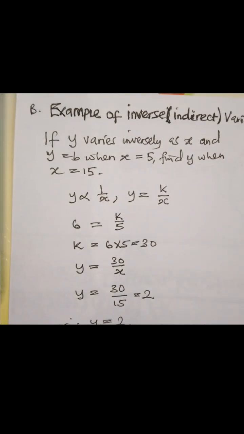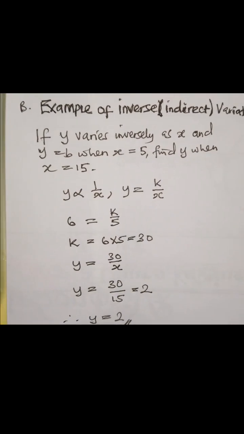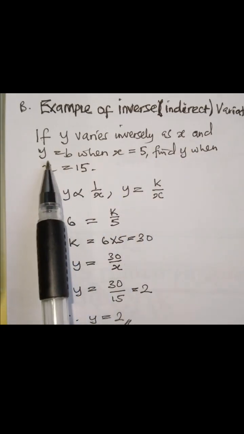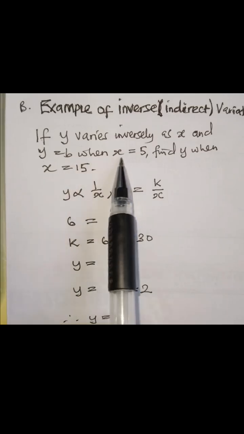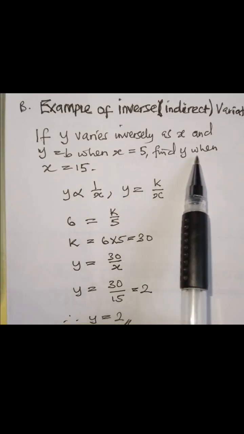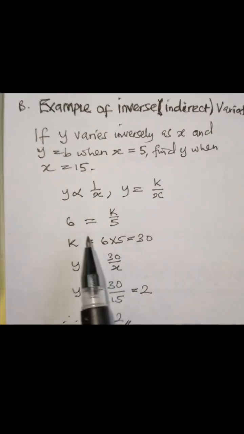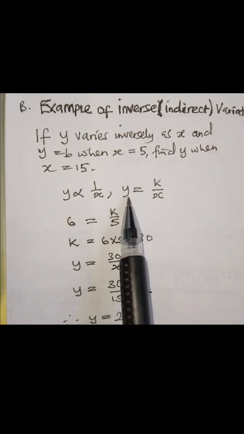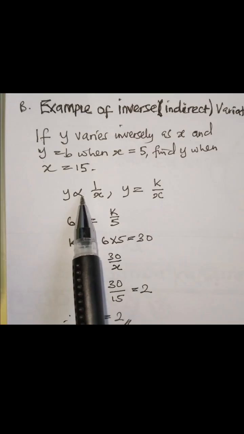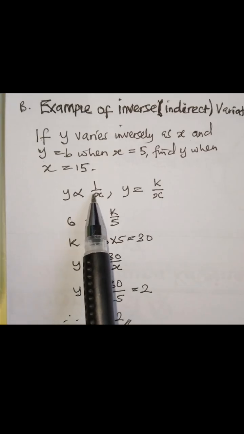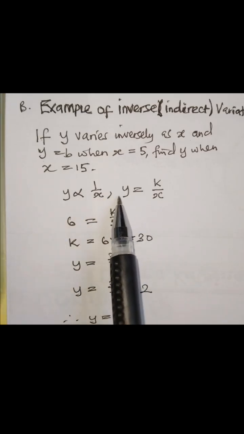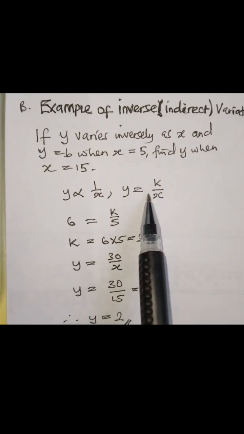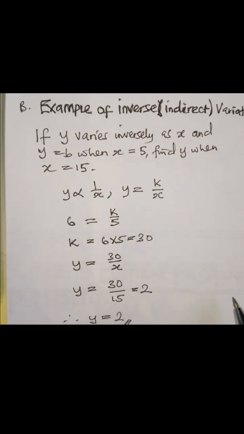So now let's recap what we have done so far. If y varies inversely as x, and y equals 6 when x equals 5, find y when x equals 15. First, we write the equation of inverse variation as y varies inversely as x, and we put it into a simple equation as y equals k all over x. k is always the constant.